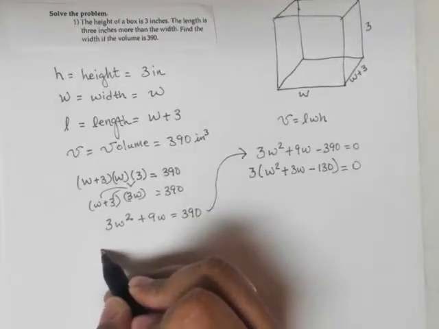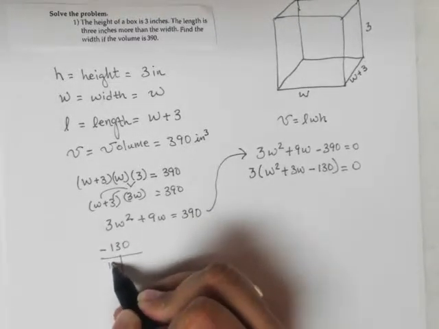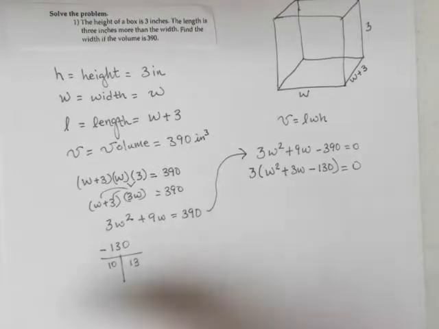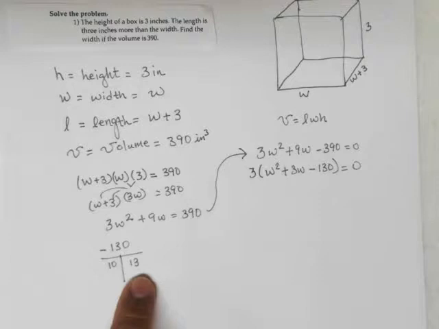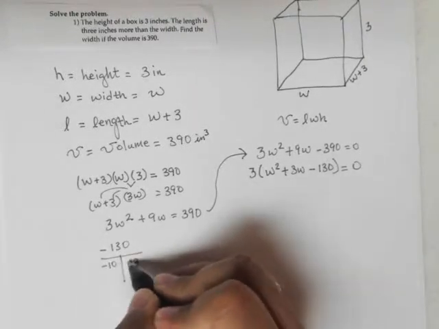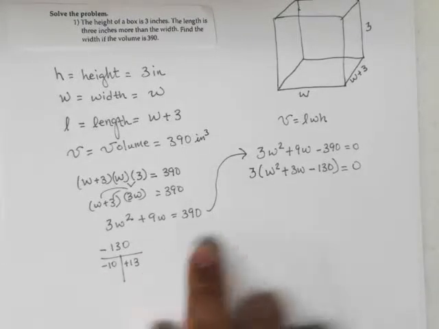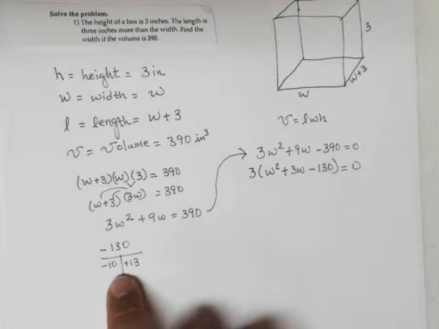Let's see. We've got negative 130. The factors, I'm thinking right off the bat 10 times 13. That's 130, and guess what? The difference is 3. So now we just need to figure out the signs. How about negative 10 and positive 13? That will give me my difference of 3, so that's exactly what I need.